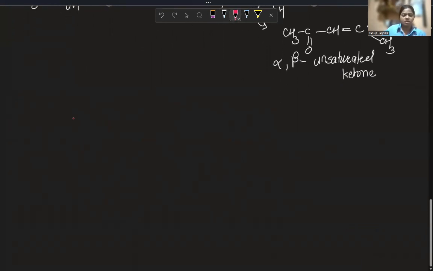Next, we can see the mechanism which occurs in the acidic medium. For acidic medium, we can take another molecule of acetone.